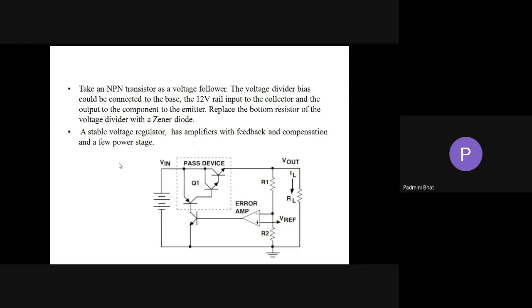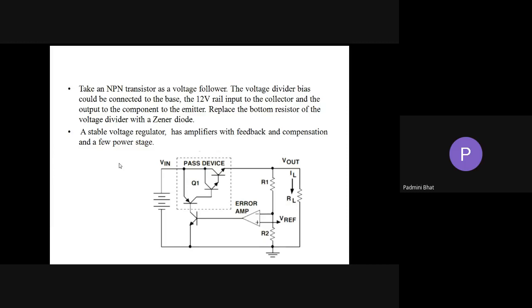It has 3 leads: the voltage divider you connect to the base, the 12 volt rail input you connect to the collector, and the output we usually give to the load. Now what is the load for this regulator? Whichever device requires a constant output is the load. That load you give to the emitter.